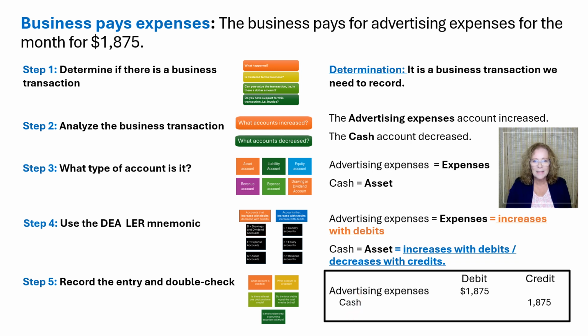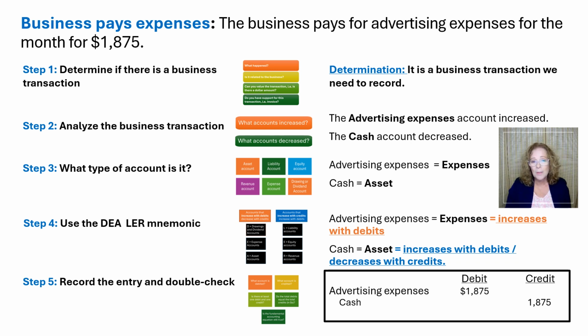Advertising expense is an expense, and it increased by $1,875. Expenses are similar to revenue. Remember when we discussed that the investments and profits belong to the owner. Profits are calculated by subtracting expenses from the revenue, and these profits increase the owner's equity.